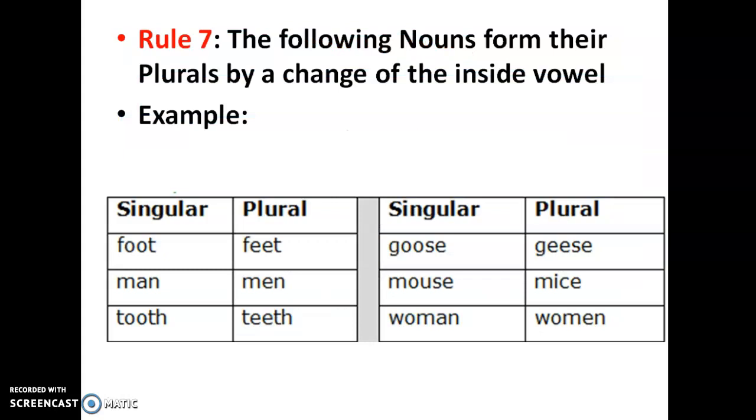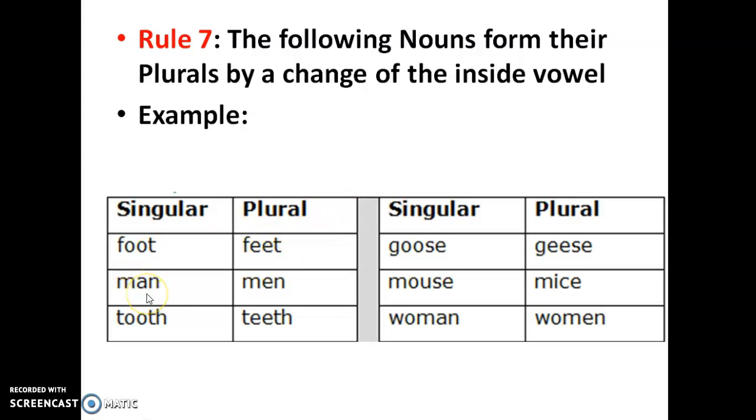Rule number 7. The following nouns form their plurals by a change of the inside vowel. So these plurals are not formed by S or ES. Foot, F-O-O-T, foot, means one single. Feet, F-E-E-T.